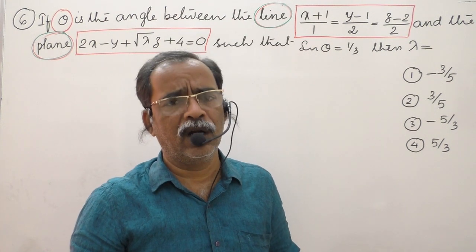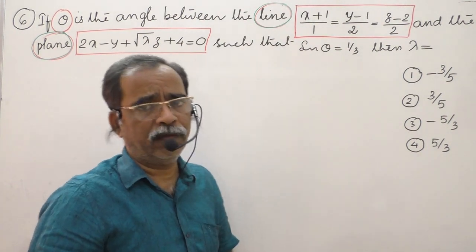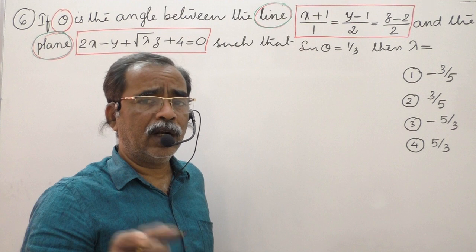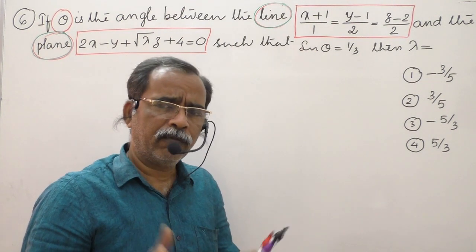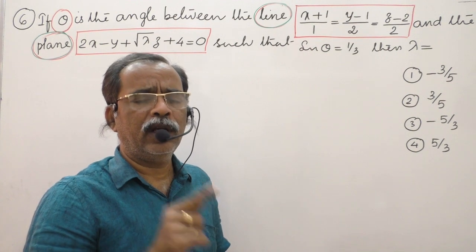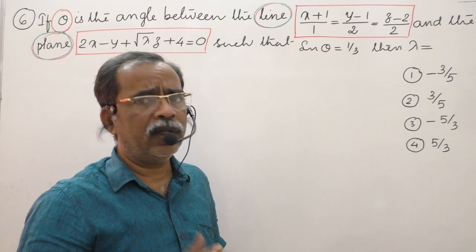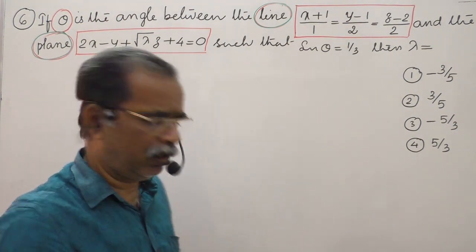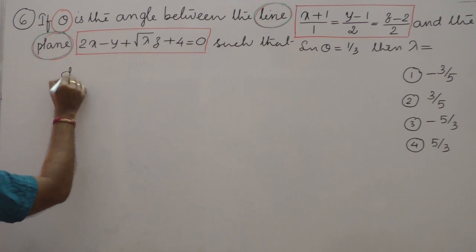Normals means they are also lines. So we have seen this in the conceptual video. When a line and plane are given, how to find the angle? Same formula. Only instead of cos theta, sin theta will be there when a line and plane are given. Yes. So you see the DRs of the line.